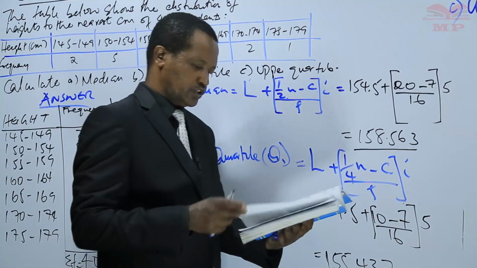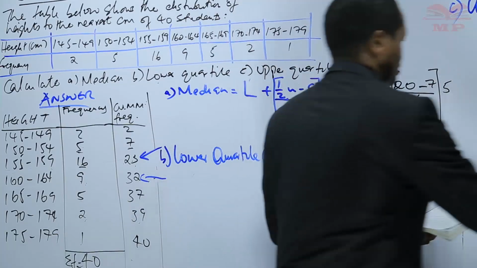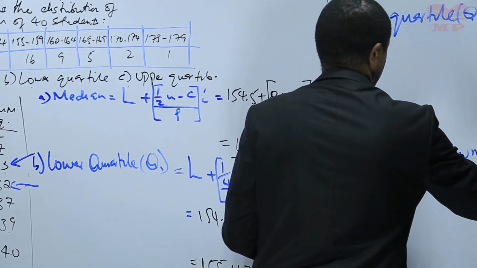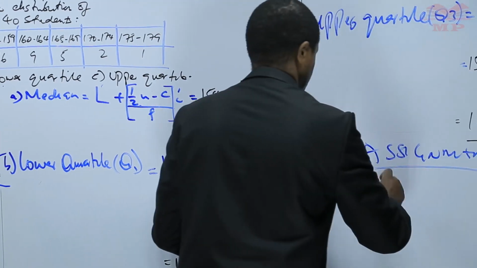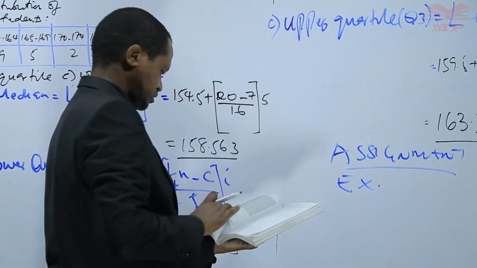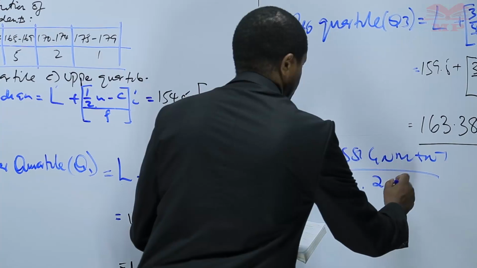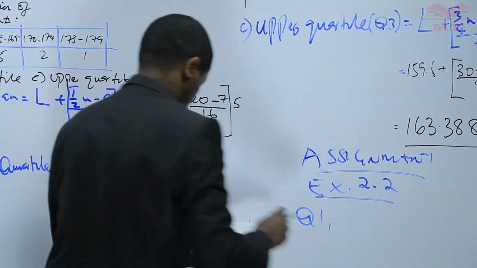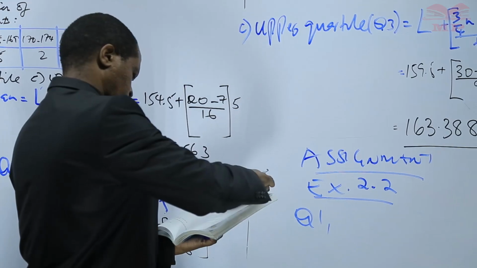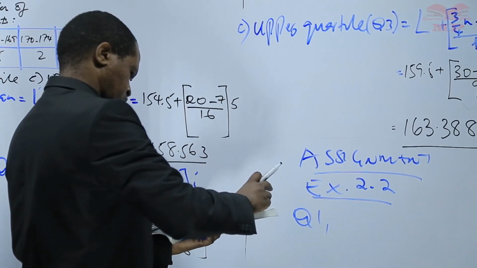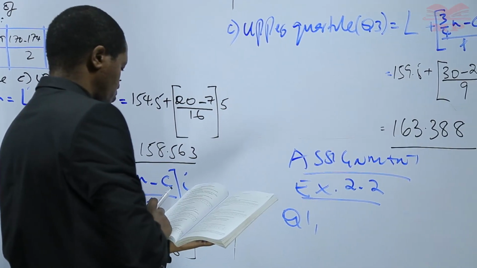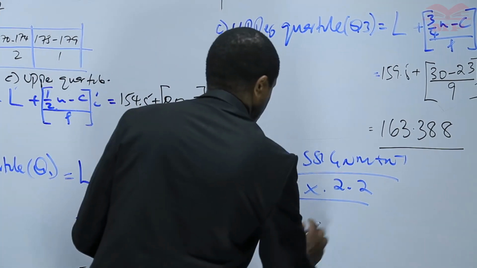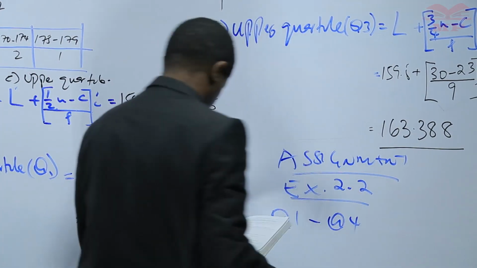But I'm looking for your assignment, learners. I want you to go and have this assignment done. The exercise is 2.2. Go and do question 1 up to question 4.